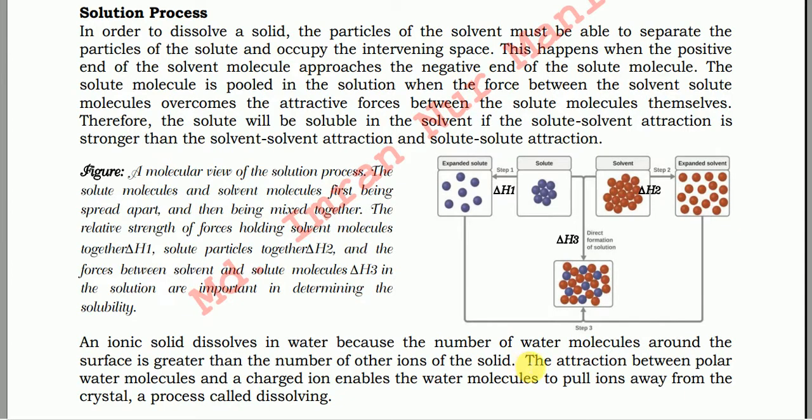The interaction between sodium and chloride will be weaker, and the interaction between sodium plus and the oxygen of the water will be stronger. That is why sodium will leave the chlorine and will form a bond with the oxygen of the water. In a similar manner, the attraction between the chlorine and sodium will also become weaker, and the chloride ion will leave the sodium and will form a bond with the hydrogen part of the water. In this way, sodium chloride gets dissolved in the water, and that has been told in this part of the manual.